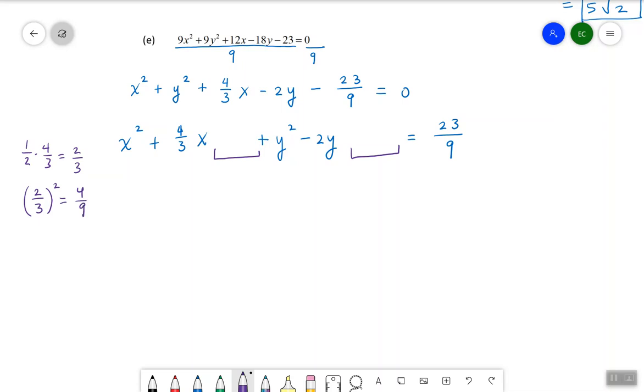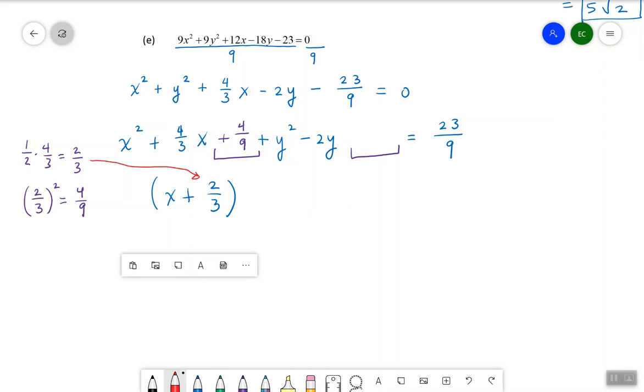So we know that we're going to add 4/9 to complete the square. And then when we actually factor that, we're going to get x plus 2/3. This 2/3 right here told us exactly how to factor the trinomial.